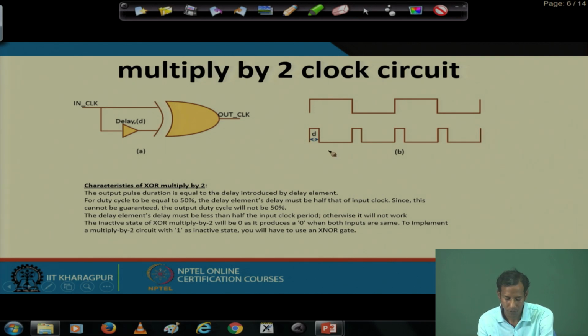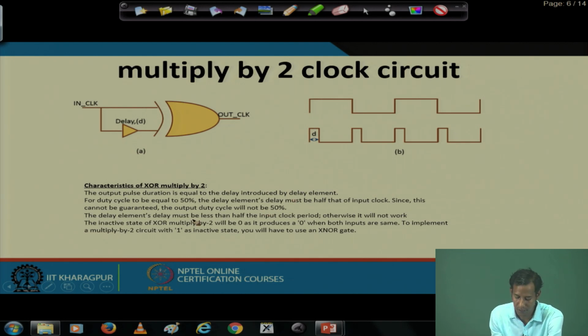So, the characteristic of this XOR based clock multiplication is that the output pulse duration is equal to the delay introduced by the delay element. For the duty cycle to be exactly 50%, the delay element delay must be half of the input clock period.